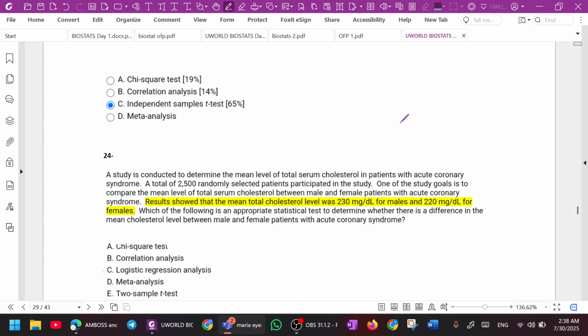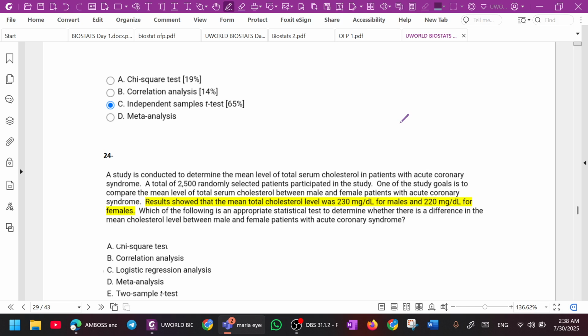Okay, what are your two groups? Male and female, one group, and total cholesterol, mean total cholesterol.